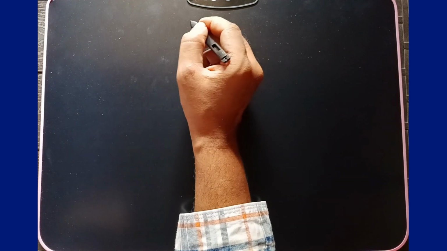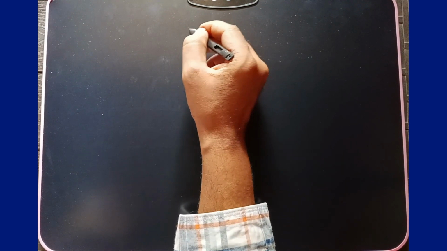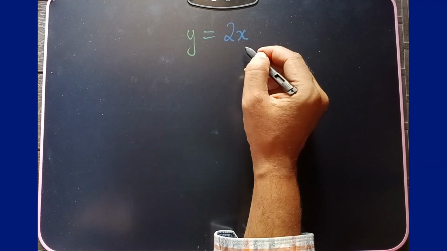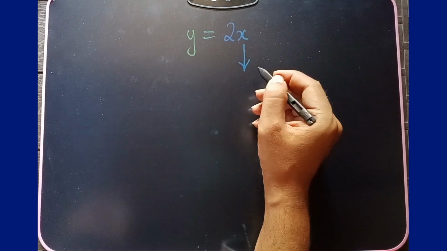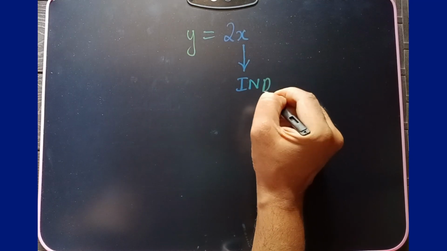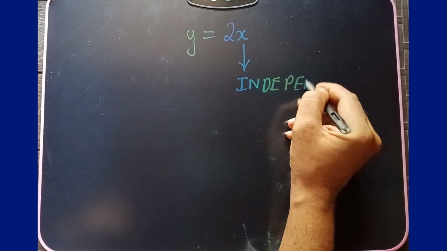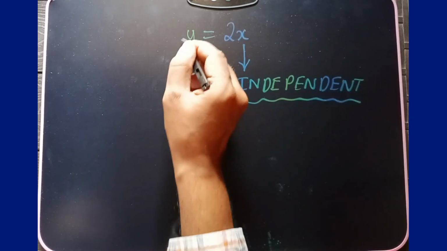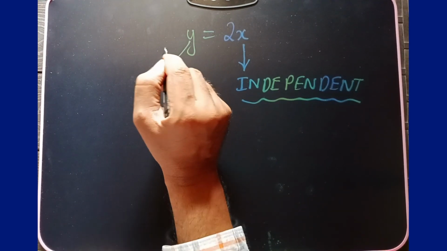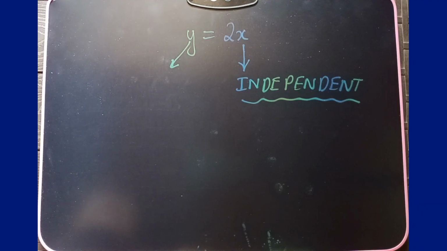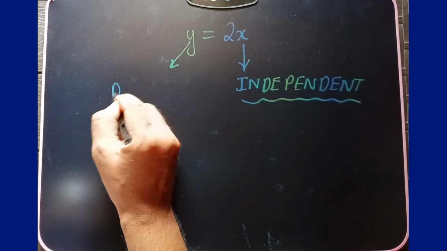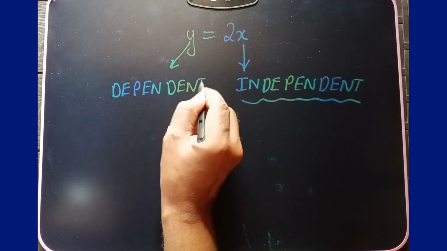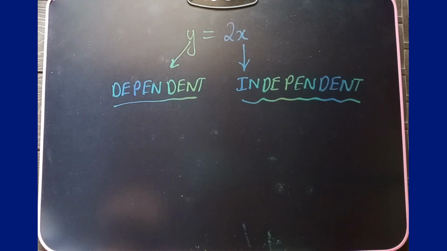So when you write a function, let us say y = 2x, then here we say x is the independent variable, and y is called the dependent variable.